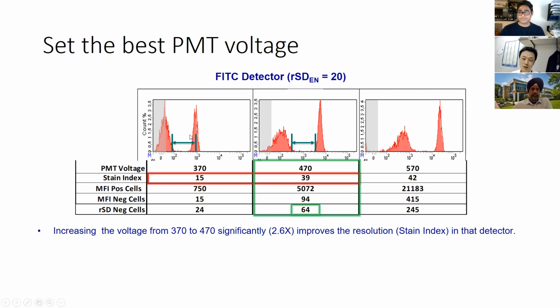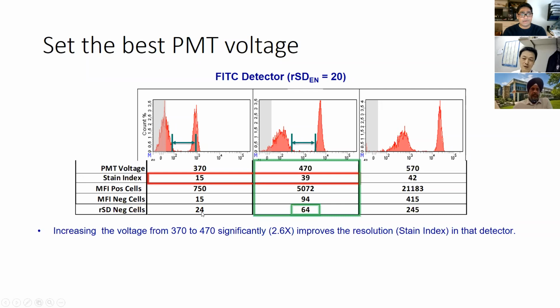We want the robust standard deviation of this negative population to be bigger than 50. So we try these 3 voltages. The first voltage is 370. For this parameter, the stain index is 15. This one is 25.